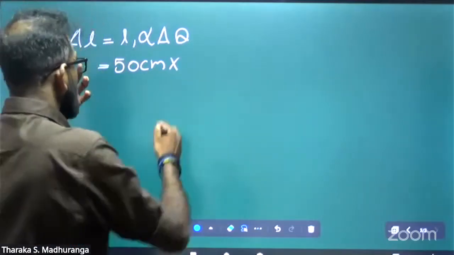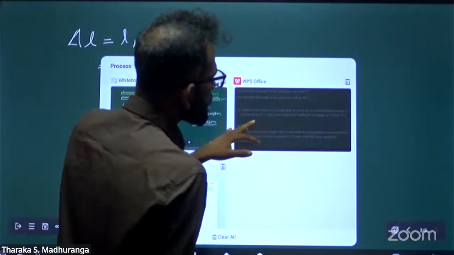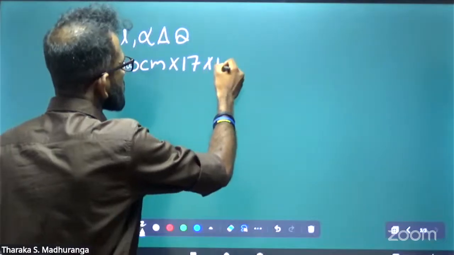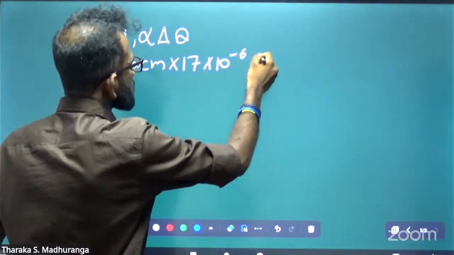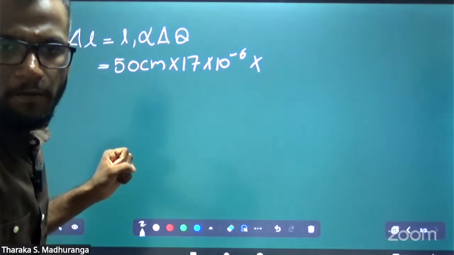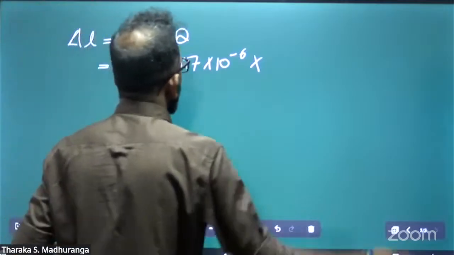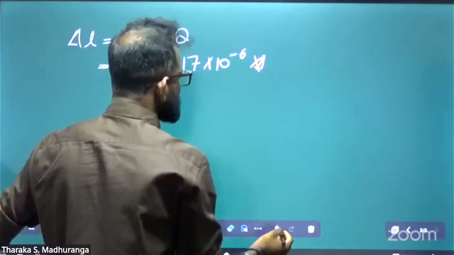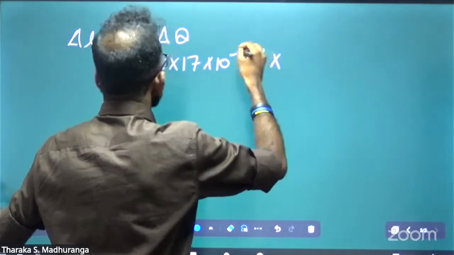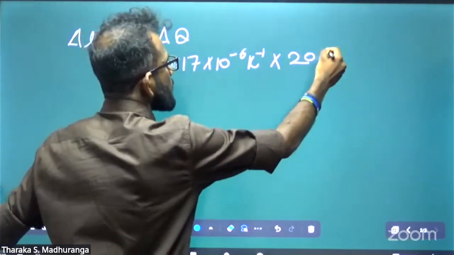The alpha value is given in the question: the alpha of copper is 17 into 10 to the power minus 6 per Kelvin, multiplied by delta theta, the temperature difference, 20 Kelvin.